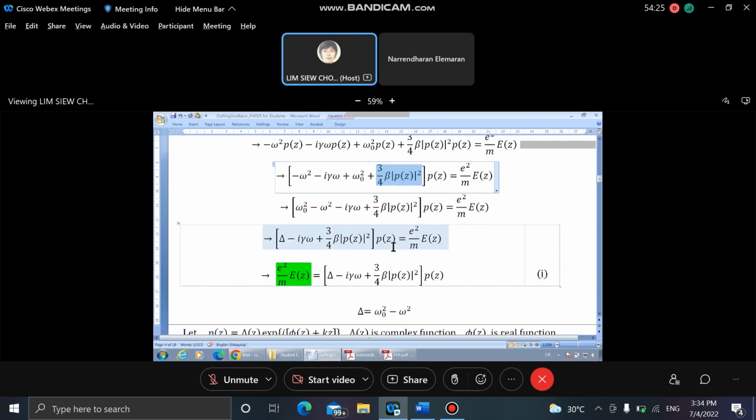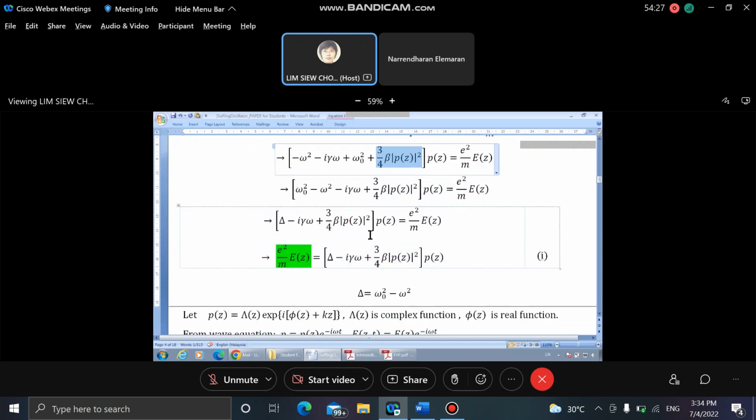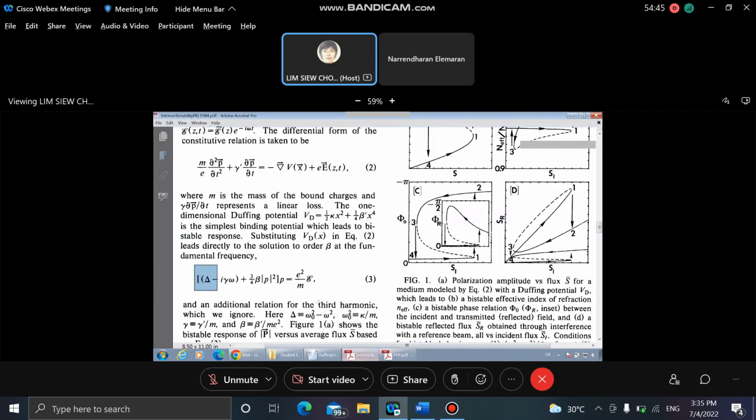Then after this, you name these two terms as delta. Okay, these two terms is delta. So you have this. So this is exactly the same as the articles. All right.